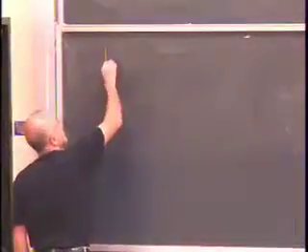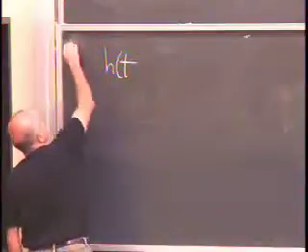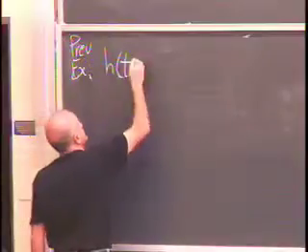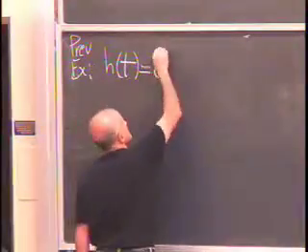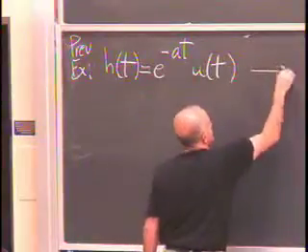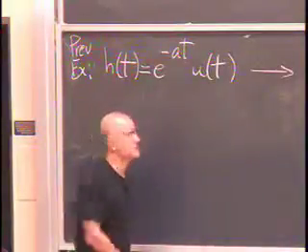And then we made a connection with an earlier example that we had done, where we had looked at h of t being e to the minus a t u of t. And what did we get for the frequency response to that filter?